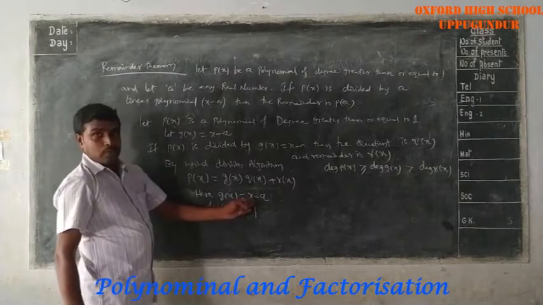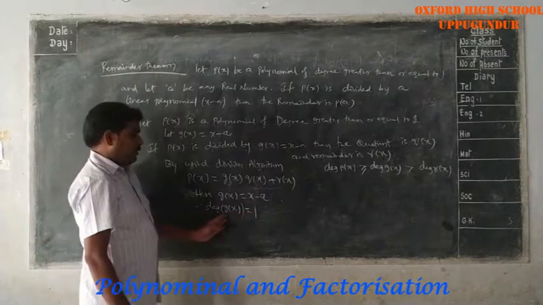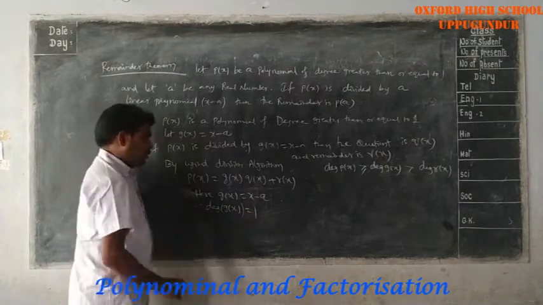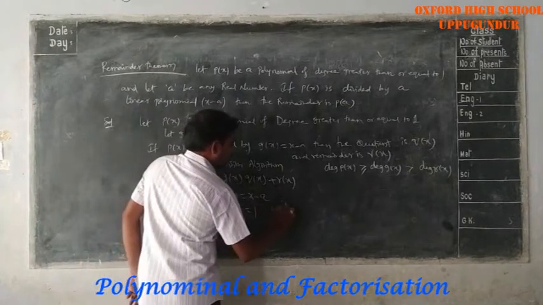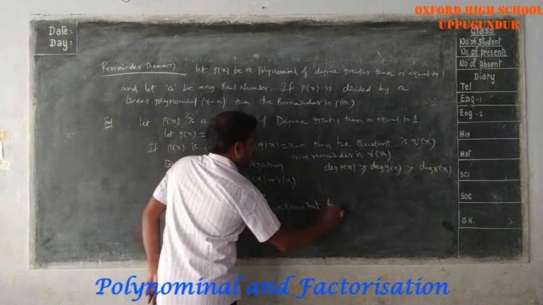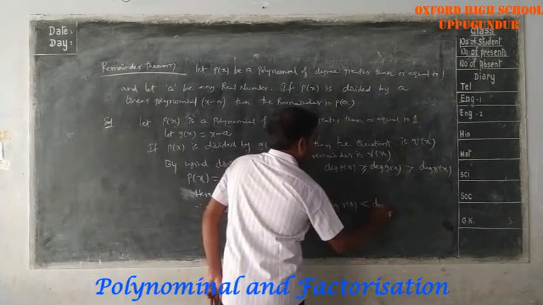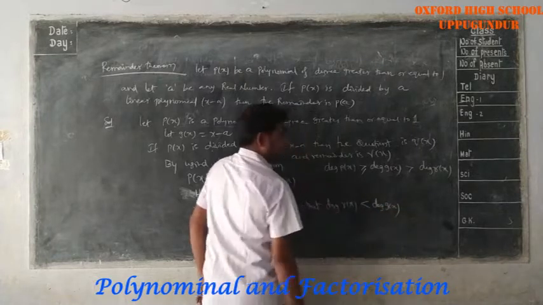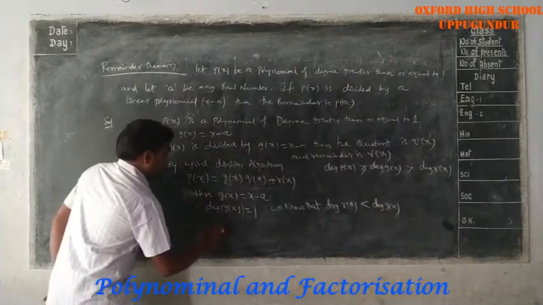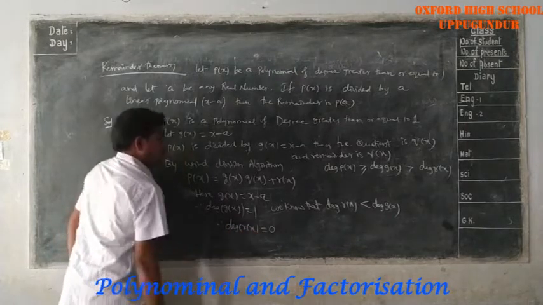Because it is a linear polynomial, and the degree of a linear polynomial is 1. So if degree of g of x equal to 1, we know that degree of R of x is always less than degree of g of x. Therefore, degree of R of x equal to 0.